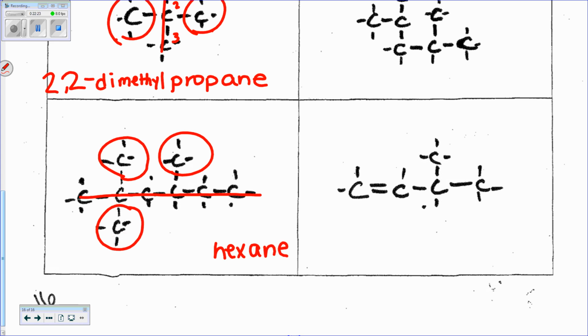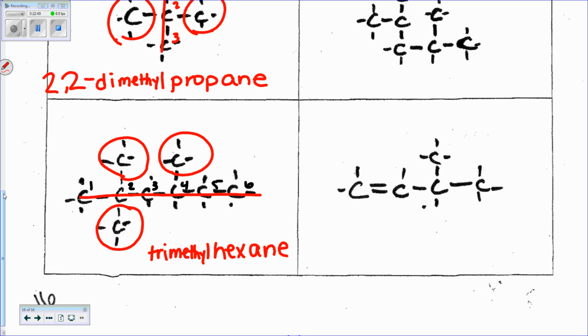I have 3 groups that all have 1 carbon. So 1 carbon is meth, so methyl. But I have 3 of them. I say 3 as trimethyl. And I also need to say their locations. So we should number them. 1, 2, 3, 4, 5, 6.